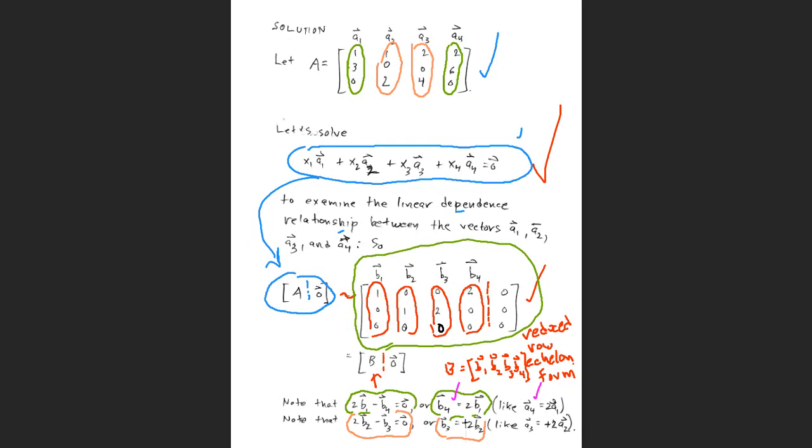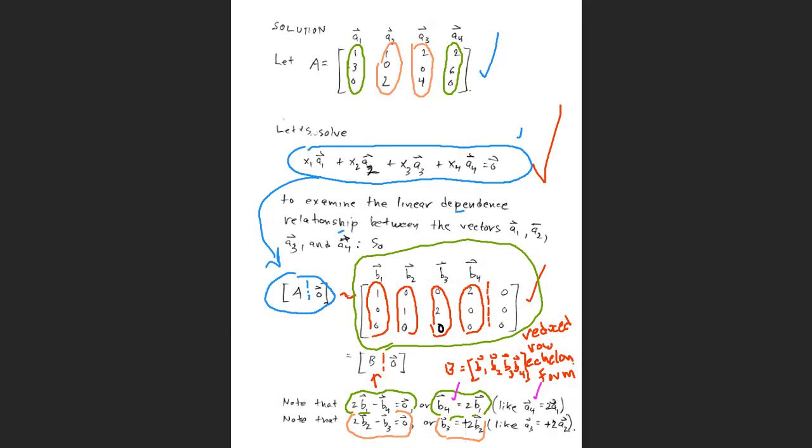So the dependence relationships between the column vectors of a matrix can be determined easily by reducing the matrix or the augmented matrix into reduced echelon form.